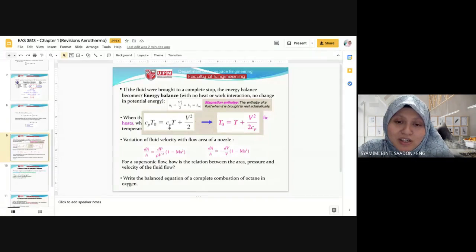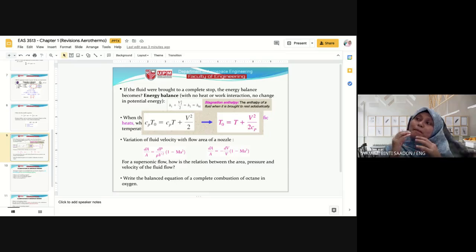So Cp here is constant, so total temperature equals static temperature plus this term, which is also called the dynamic temperature. It means that the temperature will change dynamically as the fluid flows with velocity.